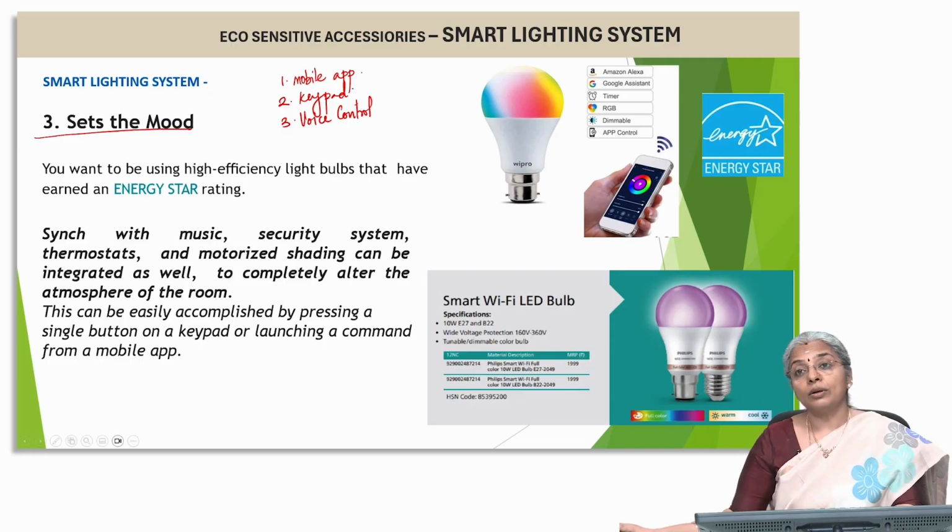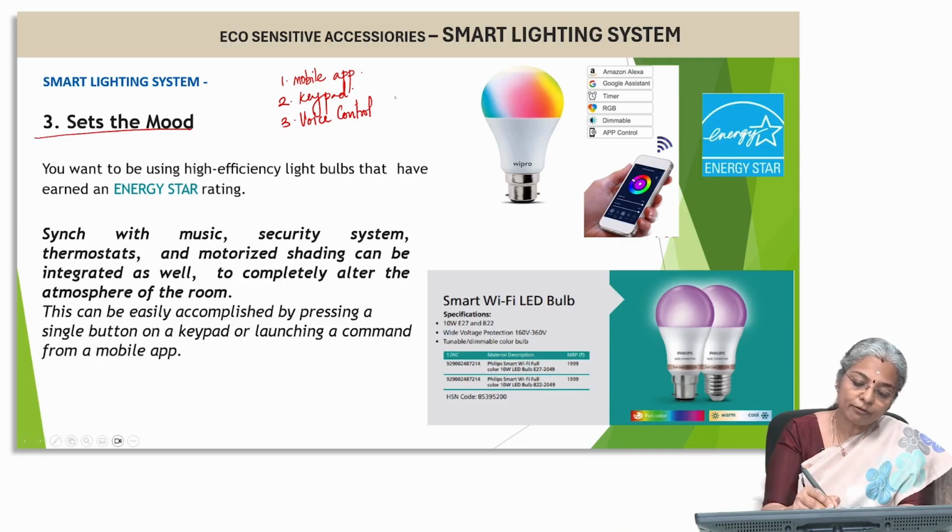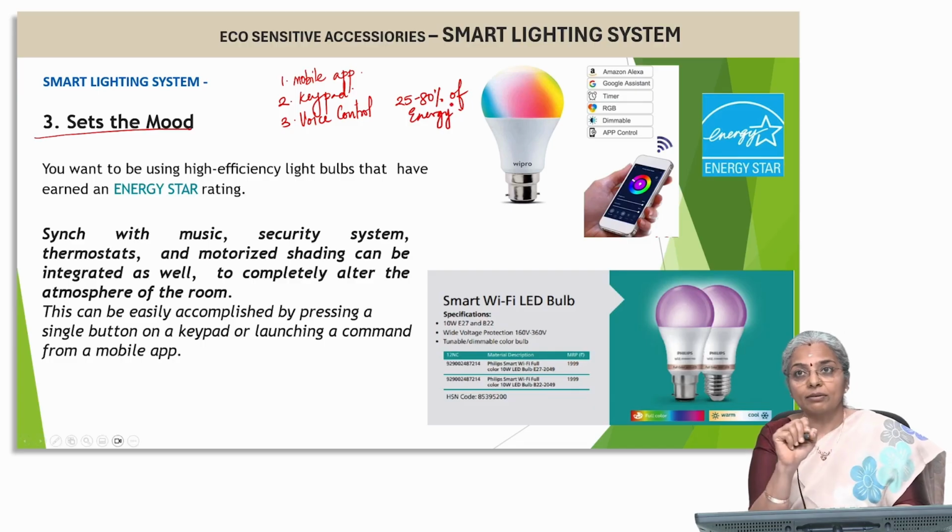Now, more important is, because of using these, it's not just convenience, because we are looking at energy savings. You can save between 25 to 80% of energy as compared to traditional incandescents.